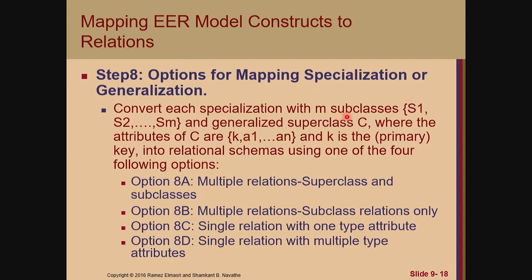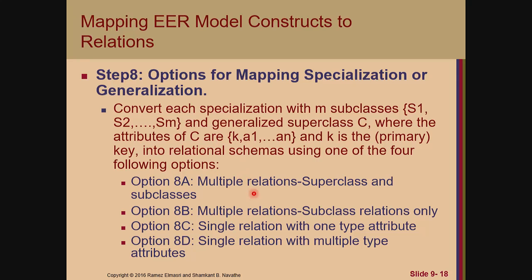Here we have M subclasses and a generalized superclass C. S1, S2, to SM are the subclasses, and C is the superclass, where the attributes of C are K, the key, and the other attributes, into relation schema using one of the 4 following options.